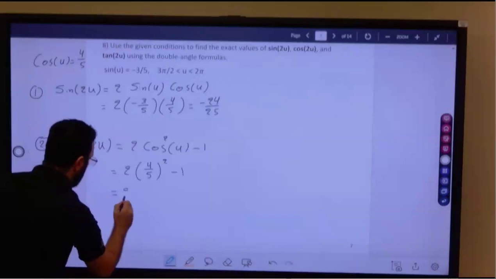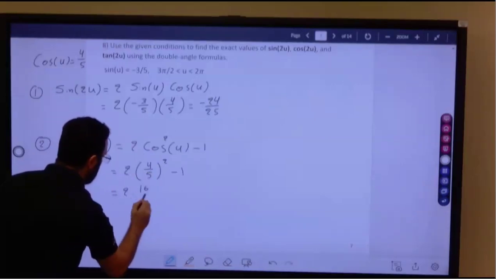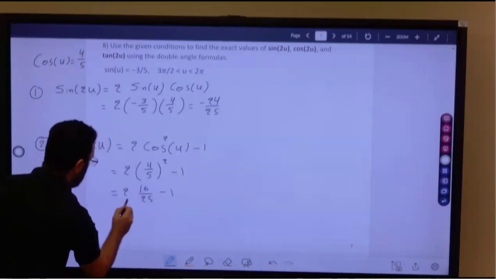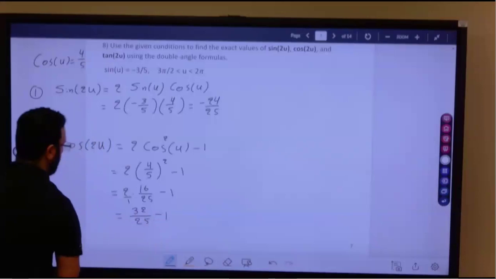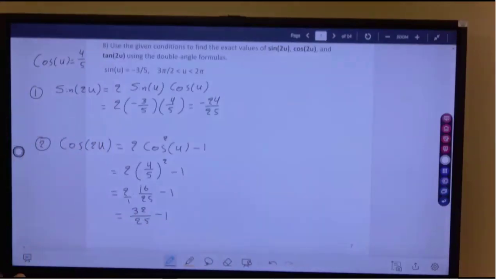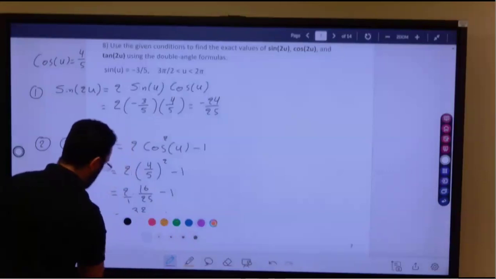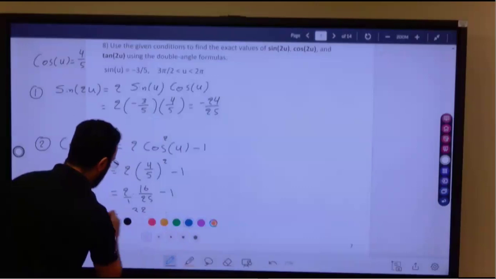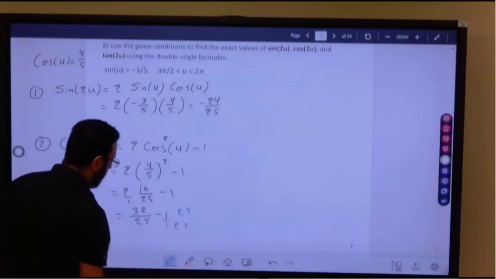That means 2 times 16/25 minus 1. 2 times 16 is going to be 32/25 minus 1. Then I can write down 1/1.